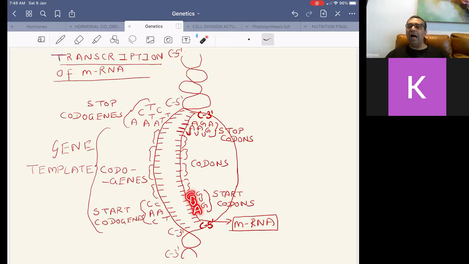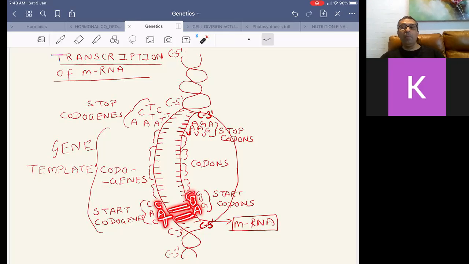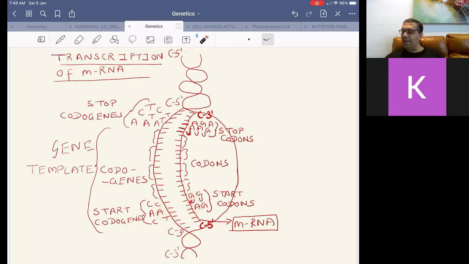AUG. And what sequence was on the DNA? TAC. So T attracts A, attracts U. Remember, adenine attracts thymine, but thymine will attract adenine, and adenine will attract not thymine but uracil, because RNA doesn't have thymine, it has uracil.